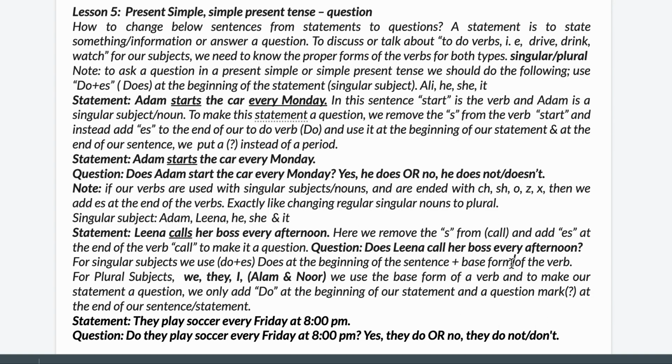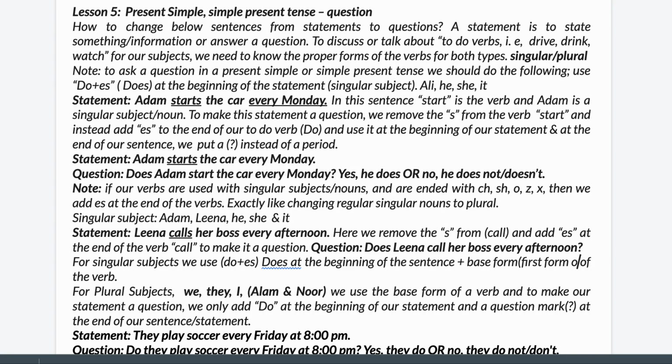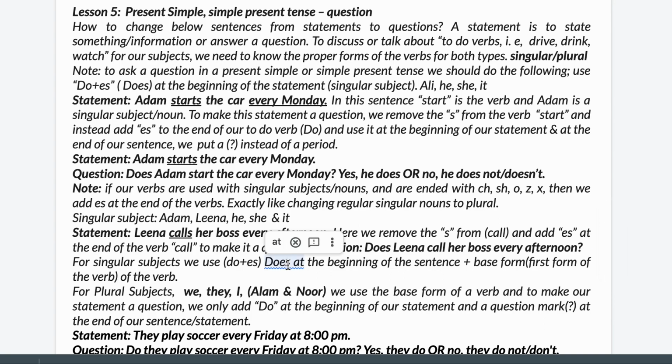Base form, first form of the verb. Okay, so here it is.